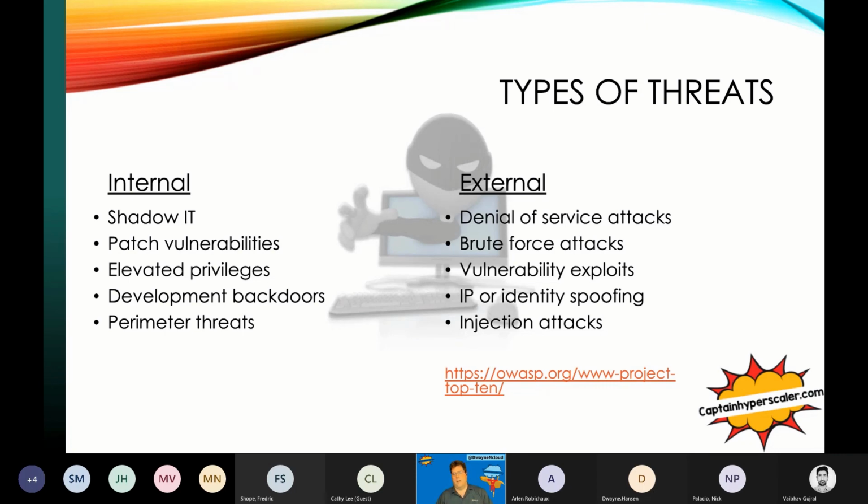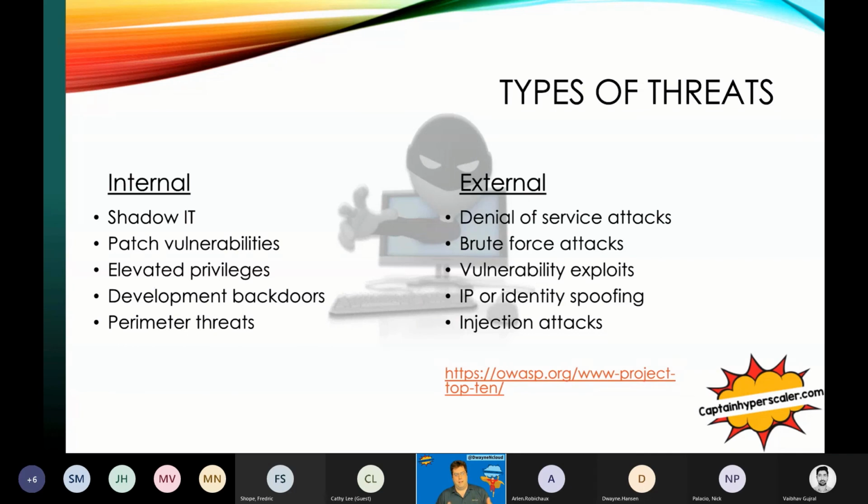We also have different areas like patch vulnerabilities, elevated privileges, giving people administrative privileges when they don't necessarily need them to perform their job, and things of that nature. Leaving open development management backdoors after an application development goes into production. And then we also have perimeter threats, like leaving doors open and leaving passwords out in the open, and things like that might cause issues.